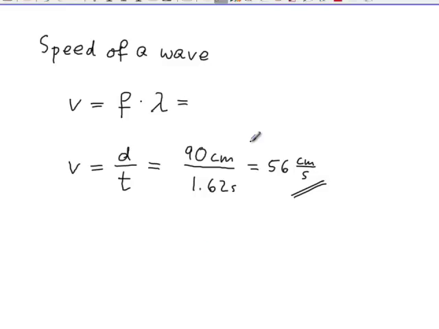Okay, the other one is the wavelength. I measured that as well. Also, I tried to measure to the closest centimeter, and that was 80 centimeters from one crest to the other. And then the frequency is 1 over the time that it takes for one up and down swing, and so that's 1 divided by 1.383 seconds.